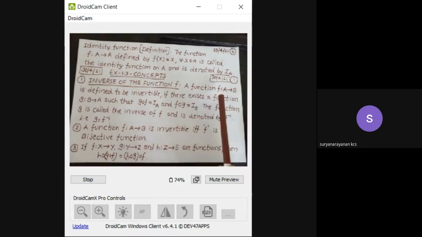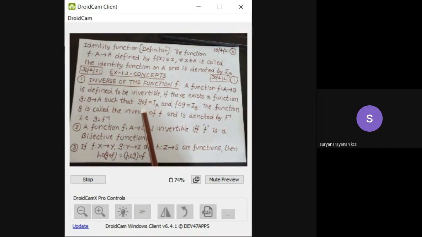Now come to this definition. A function f, a mapping from A to B, is said to be invertible if there exists a function g, a mapping from B to A, such that g circle f is equal to IA and f circle g is equal to IB.